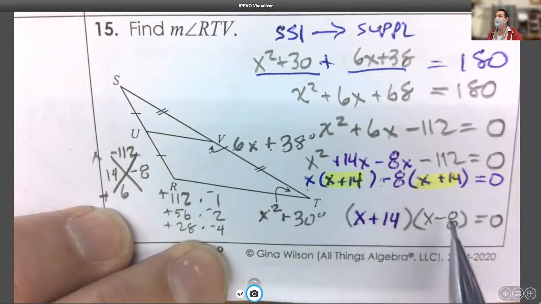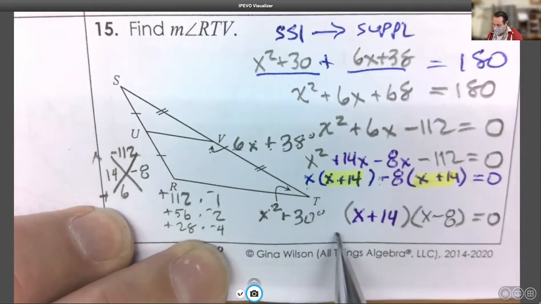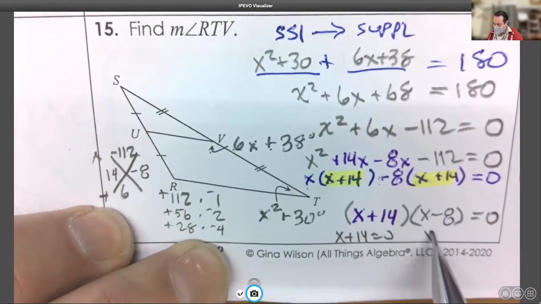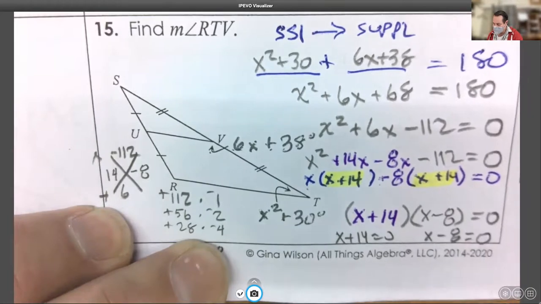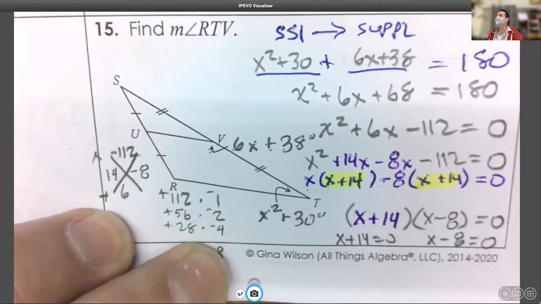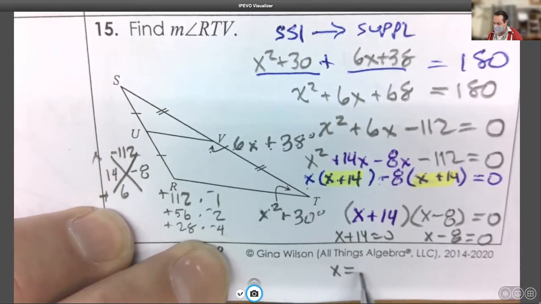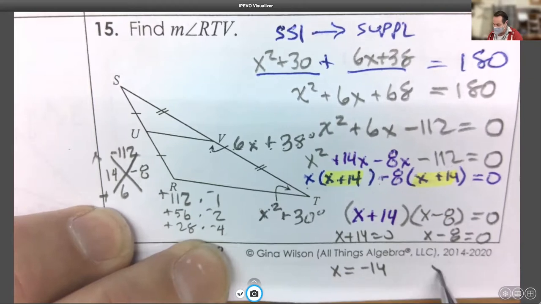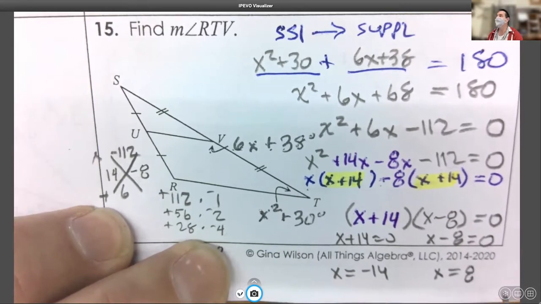If these two numbers multiply together to make 0, then either this one has to be 0 or this one has to be 0. If this one is equal to 0, subtract 14 and X equals negative 14. If this one is equal to 0, add 8 and I get X equals 8.